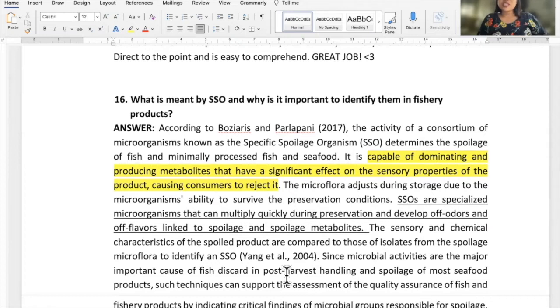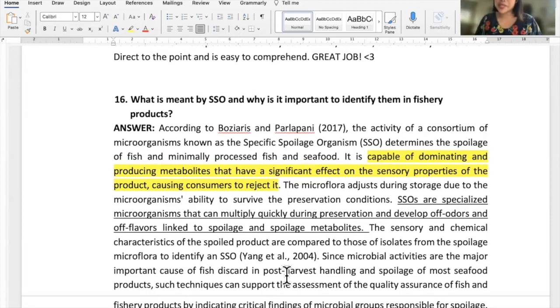These are the organisms that are dominating and capable of producing metabolites that can affect the sensory properties of the product and cause consumers to reject it. That is a good, very brief and direct definition of SSO. So why is it important to identify them in fishery products? Because they are the ones that cause the spoilage of our products.